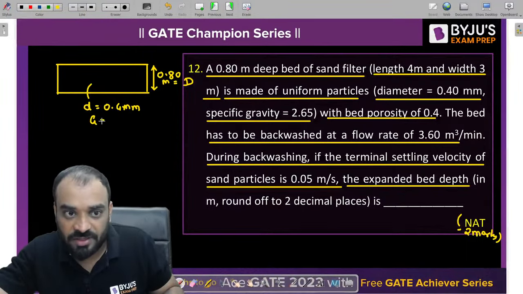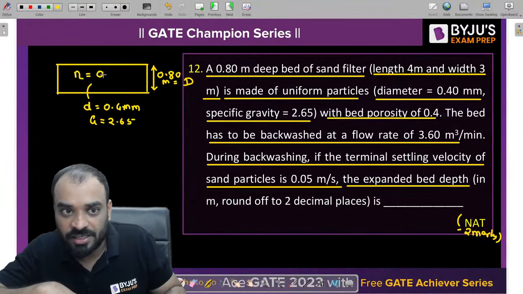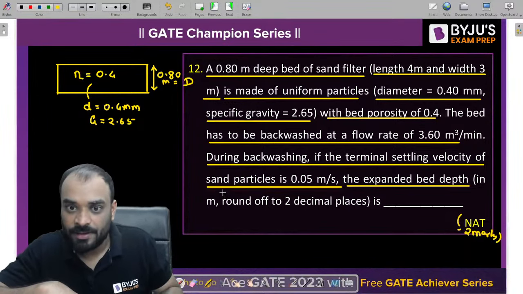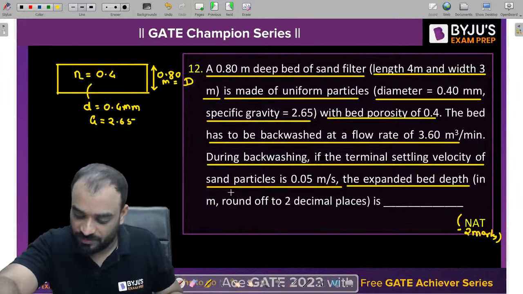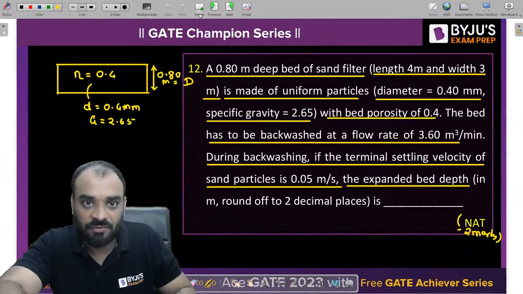Specific gravity is 2.65. The bed porosity initially, in the unexpanded condition, is 0.4. Okay. Now there is one relation, guys, which we have to use over here.